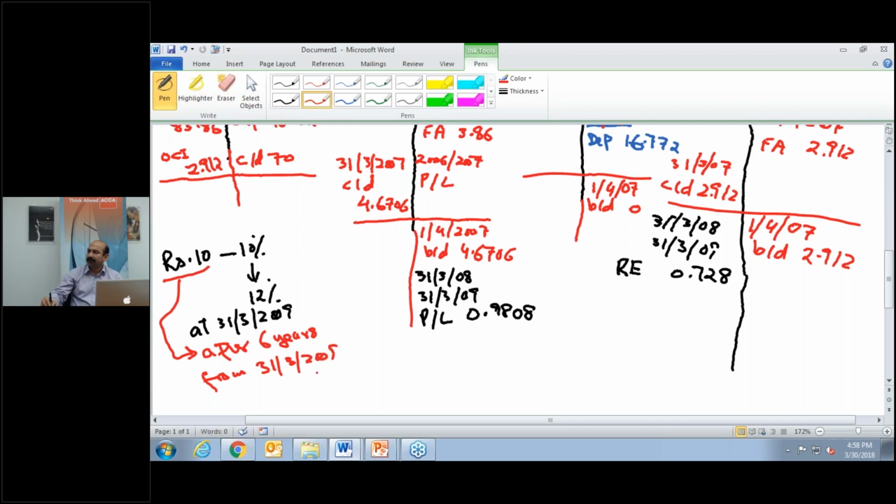So we will discount the 10 million using this revised discount rate.